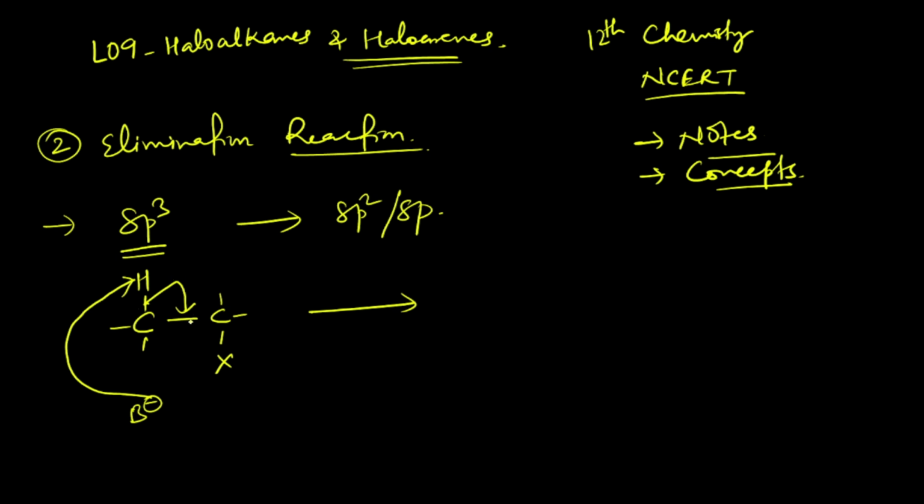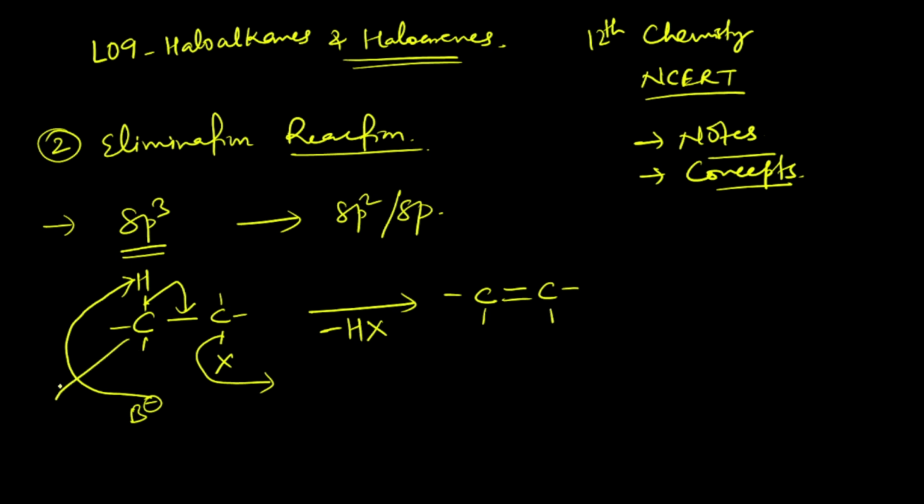As soon as this bond shifts, this carbon will feel that it has 5 valency, so immediately this halogen will go with its bonded pair of electrons. So here it will be minus H, because it will go out as H plus. This H plus and this X minus become HX, a hydrogen halide. And what you get is a product with a double bond, correct?